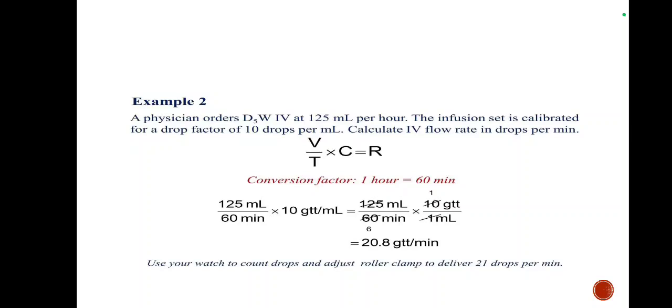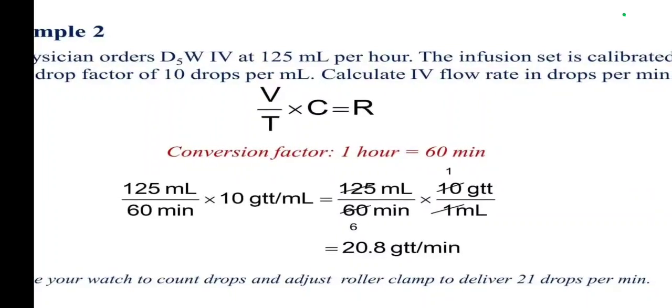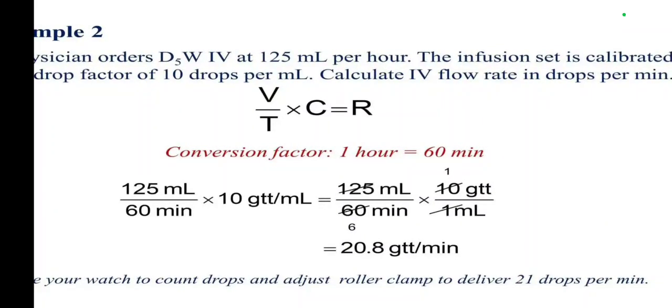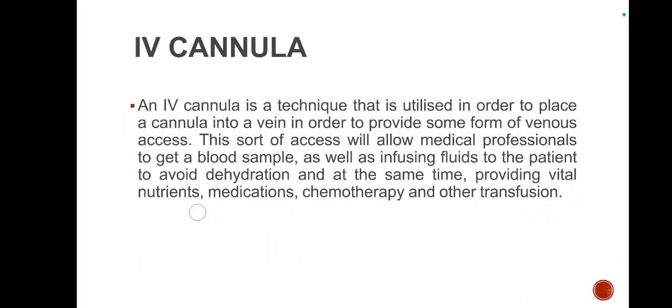So 125 divided by 60 minutes times 10 drops, we have the answer of 20.8, and you can adjust it to make it 21 drops per minute.